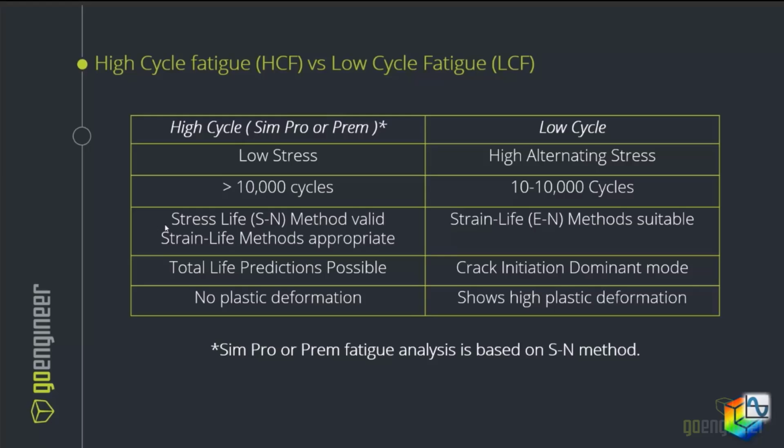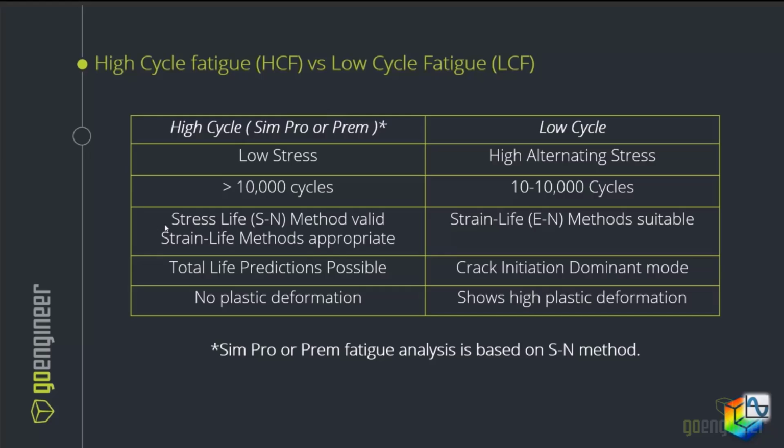For example, for high cycle, it is preferred to run more than 10,000 cycles, while for low cycle you can range between 10 and 10,000 cycles. For high cycle fatigue, the stresses must remain below the yield strength of the material for the whole analysis. And lastly, high cycle fatigue analysis is based on stress life using an SN curve method.